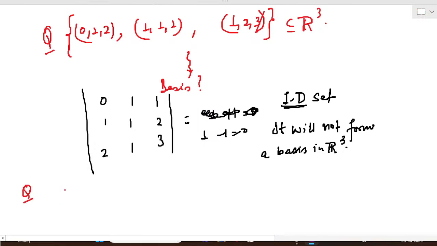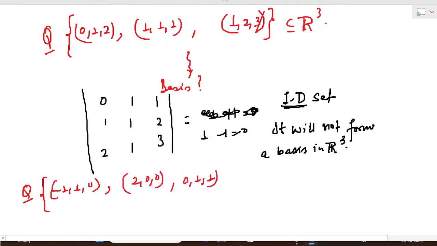Just think about this: minus 1, 1, 0, 2, 0, 0, and 0, 1, 1. Do you think this forms a basis?